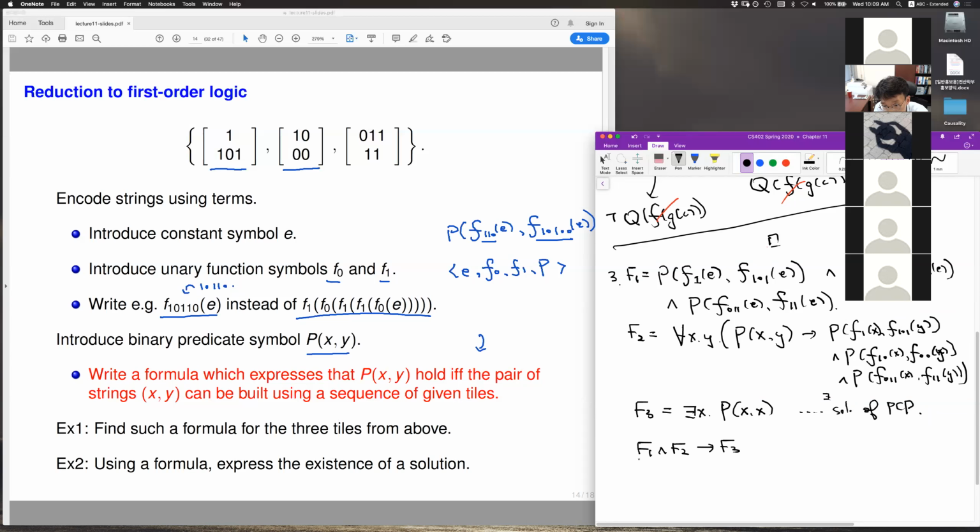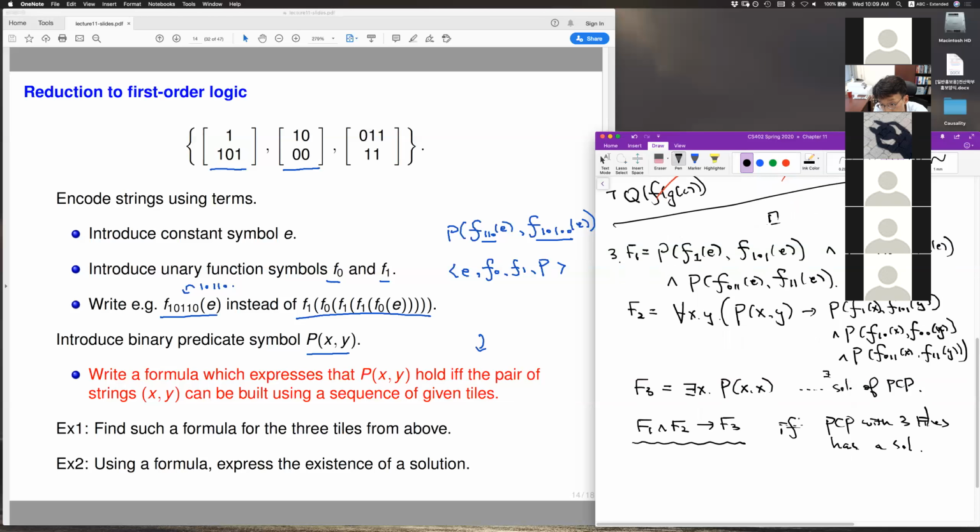If P properly encodes the problem, then there has to be a solution of this PCP problem. That really says the same thing as the original PCP with 3 tiles that's given as a solution. So this is valid if and only if that's the case.